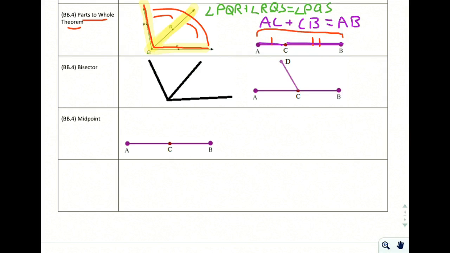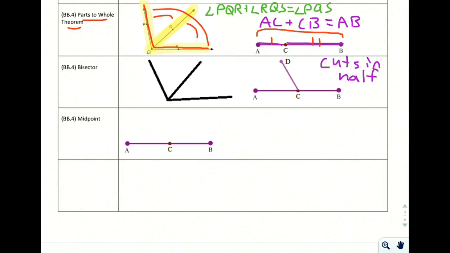Next one is a bisector. And a bisector cuts things in half. So you might even want to just write cuts in half. And it can cut a few different things in half. It can cut either an angle in half or a segment in half.